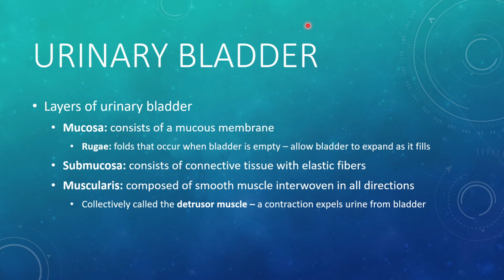The submucosa is a connective tissue layer with elastic fibers. Surrounding all of that is the layer called the muscularis, composed of smooth muscle interwoven in all directions, collectively called the detrusor muscle, and a contraction of that muscle expels urine from the bladder.